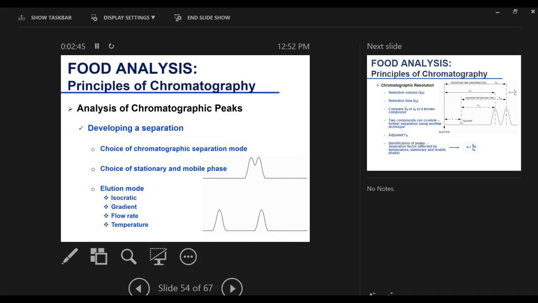In order to shorten my analysis time, I use gradient elution so that I can encourage that compound that is interacting with the column for a long time to leave sooner. Oftentimes when I'm developing a method, I would start with isocratic and see what happens. And then I work around and say, okay, isocratic is not going to work for me. I'm going to build a gradient to enhance my analysis efficiency.